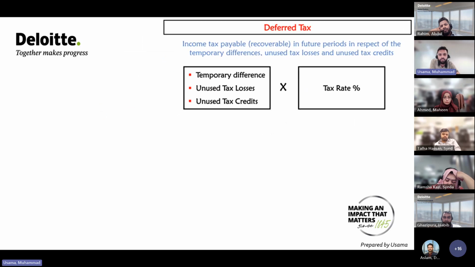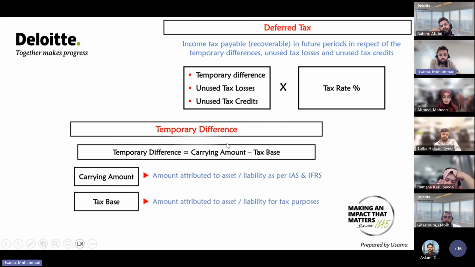Moving forward to this, I've mentioned the temporary difference. So basically, the temporary difference arises between the carrying value of accounting, like I've computed the depreciation on IFRS basis, taking the carrying value on IFRS basis and less the tax base, like what we have computed as per the tax standards.